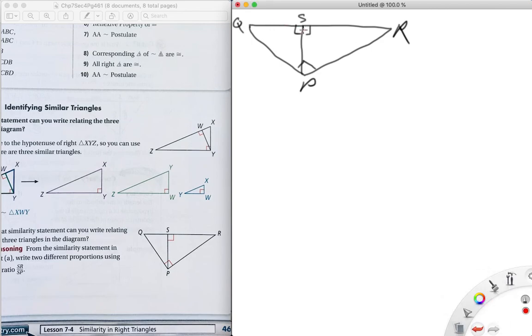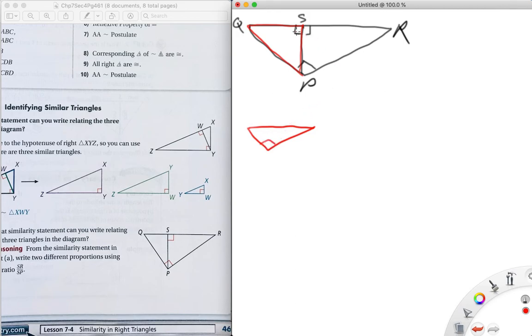We can sort of draw it out with this smaller guy. So here's the smaller guy here. Actually, no, that's not what I wanted. There we go. That's what I want.